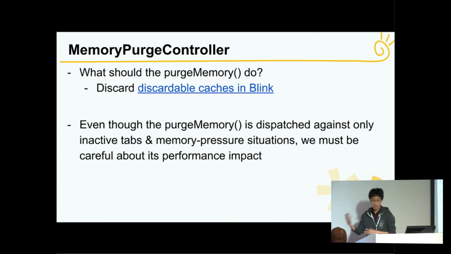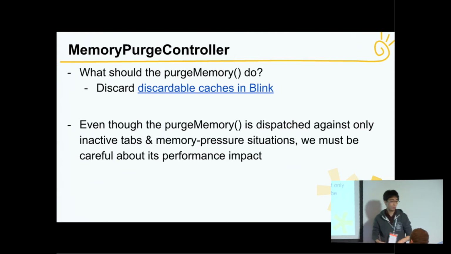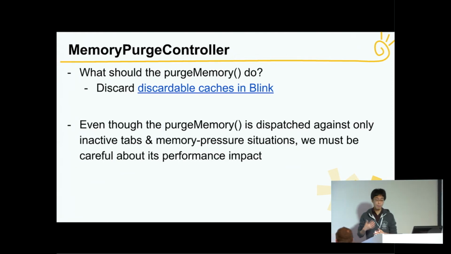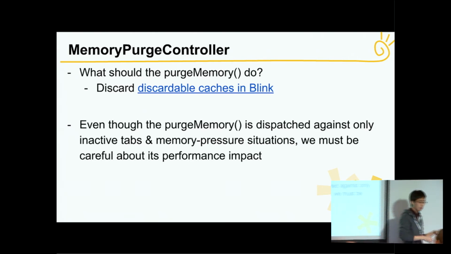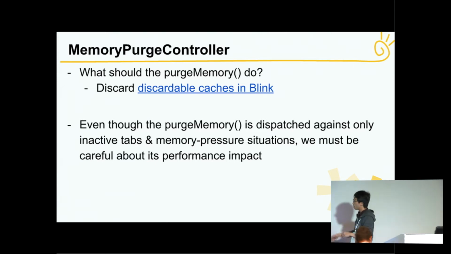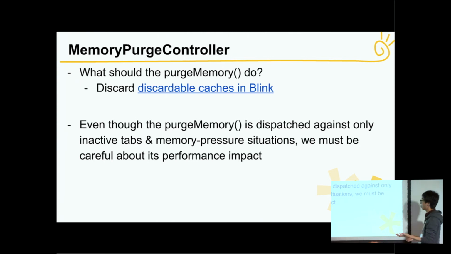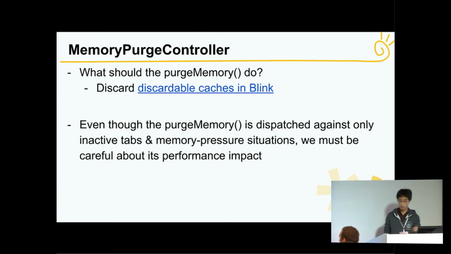So we are very careful about adding items to purge memory, but we are investigating performance and its memory impact. And if we think it's worth doing, we add that item to purge memory and implement the purge memory from the memory purge controller. As I mentioned, purge memory is dispatched only for inactive tabs and memory pressure scenarios. We must be careful about its performance impact.